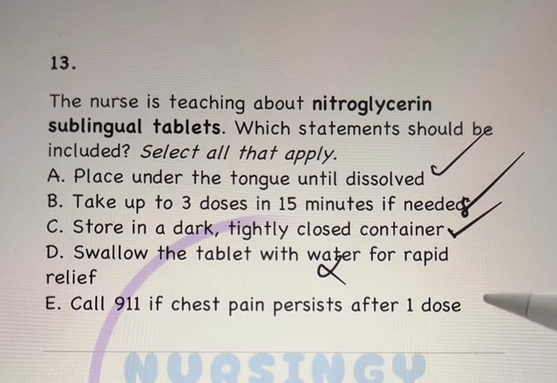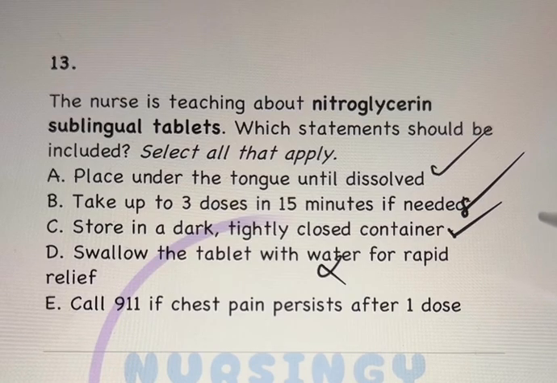Whatever they recommend, they will definitely recommend going to the 3 doses.